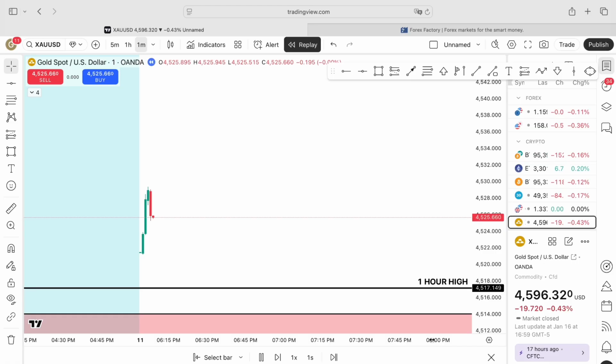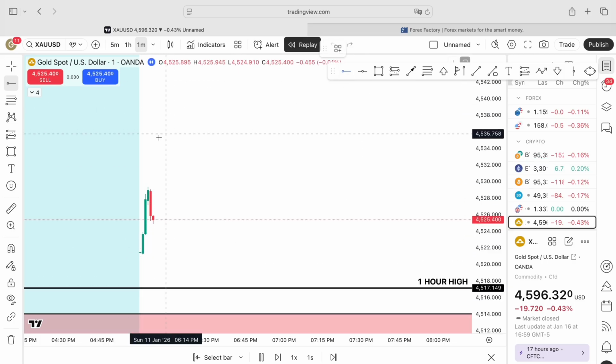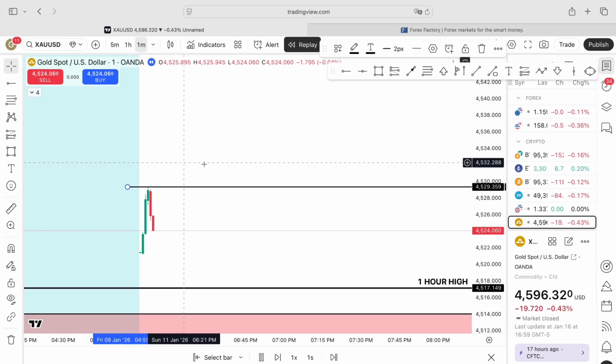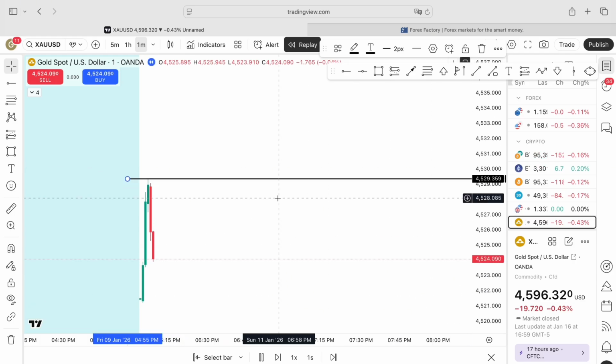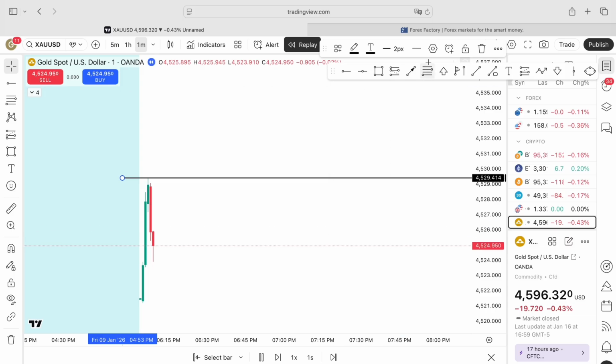Okay, perfect. Now that this is formed, clearly, this is how you can make money on the 1 minute time frame. All right, so this is the 1 minute high.